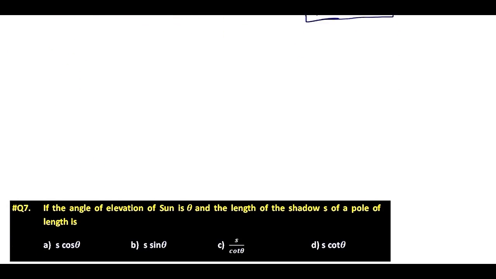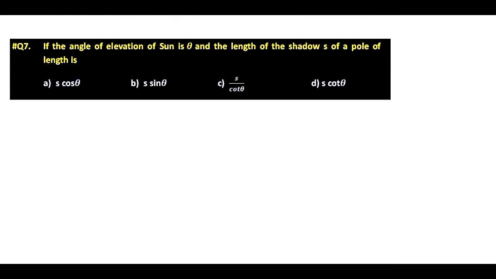So take a little time and just see. Next question is here. Okay, now let us read this. If the angle of elevation of the sun is theta and the length of the shadow of a pole is S, then what is the length of the pole, right?